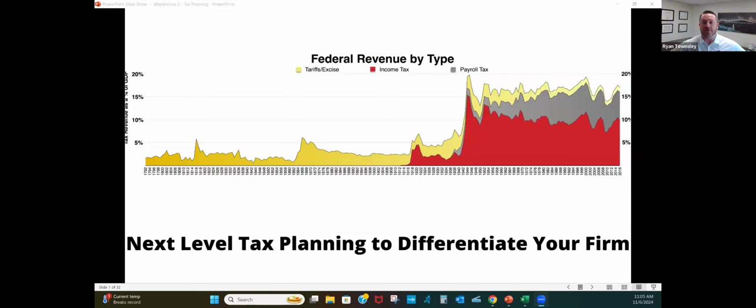The implementation of Income Lab and tax planning has made for a better value for clients, a better experience, a stickier relationship, and a more efficient firm, so you can serve your clients better with higher quality, and serve more of them, which ultimately makes a more efficient, more profitable firm.